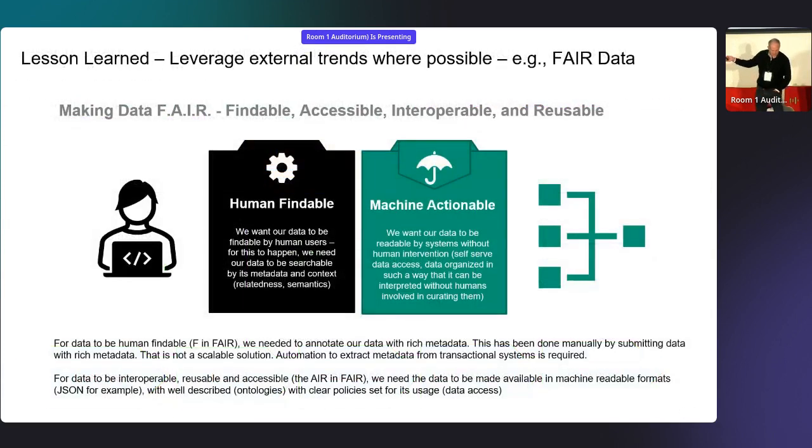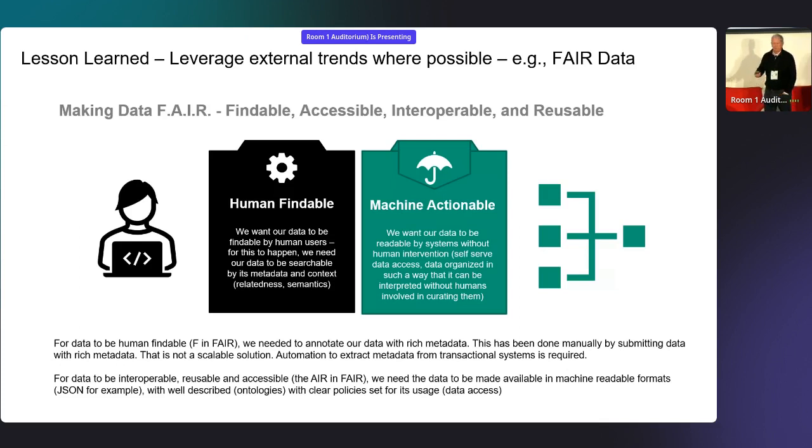Sorry, so some of the value of that is making data such that it's supposed to be human findable, but also machine readable, machine actionable. And this is a concept that I think the IT organization takes a little bit of time to embrace, but it has important implications.